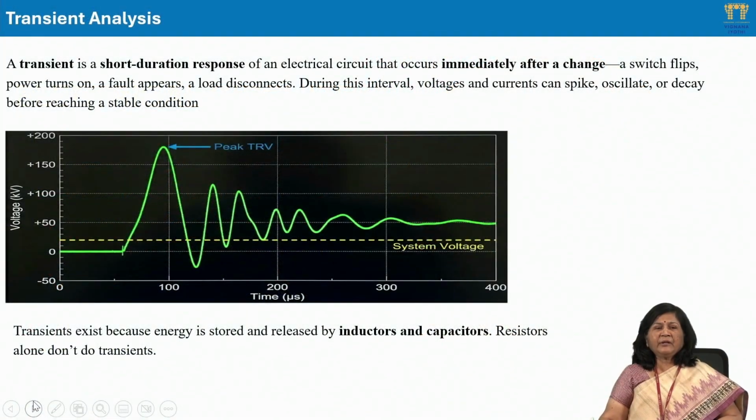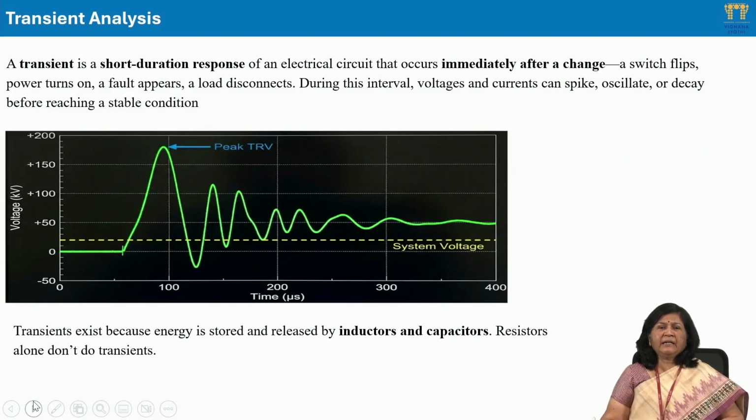So I'm continuing the topic transient analysis, which is one of the units in electrical circuits across all the courses. Transient is a short duration response of an electrical circuit that occurs immediately after a change, whenever there is a switching operation, or whenever there is a power turn on or turn off, a fault appears, or a load is disconnected.